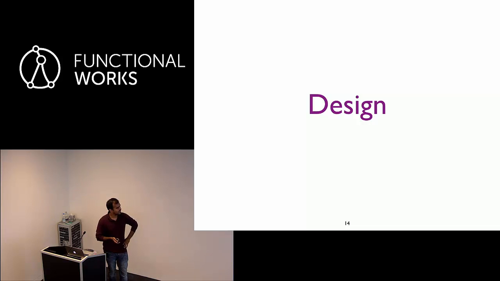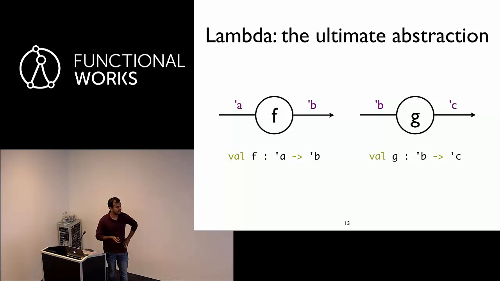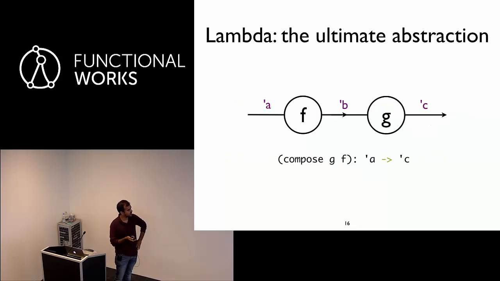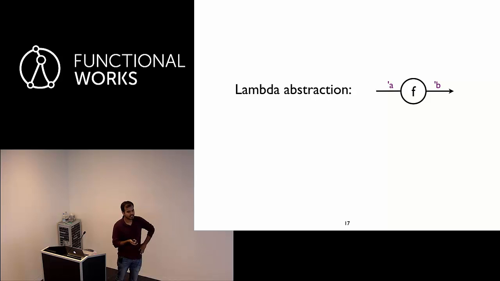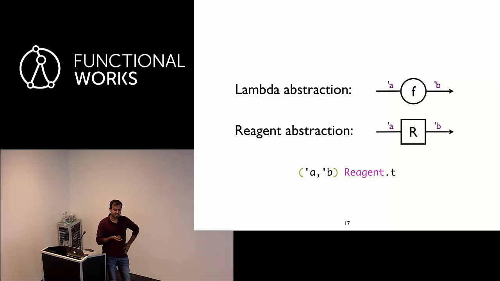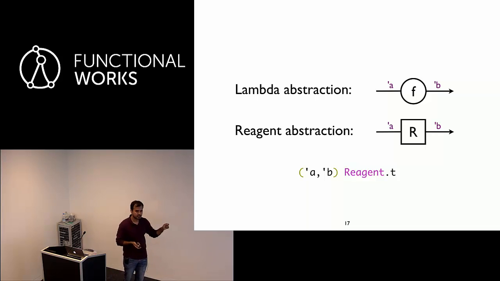And the key part of how all this works is composition. Since we are functional programmers, we like function composition. So if you have a function F that goes from A to B and a function G that goes from B to C, you can compose them together to get a function that goes from A to C. Just as functions represent lambda abstractions, reagent values are also computations that take an input of type 'a and return a value of type 'b.